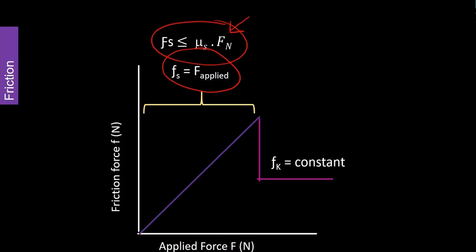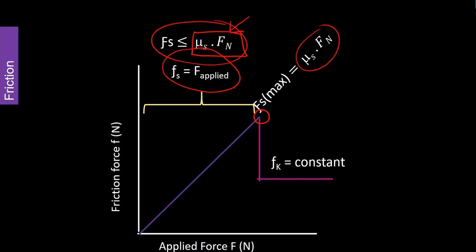So as the static friction increases with the applied force, it is less than the maximum static friction. Over here, at this point, where we overcome the static friction just as the object is starting to move, that is the maximum static friction. And we can see that it is equal to, then, the formula.